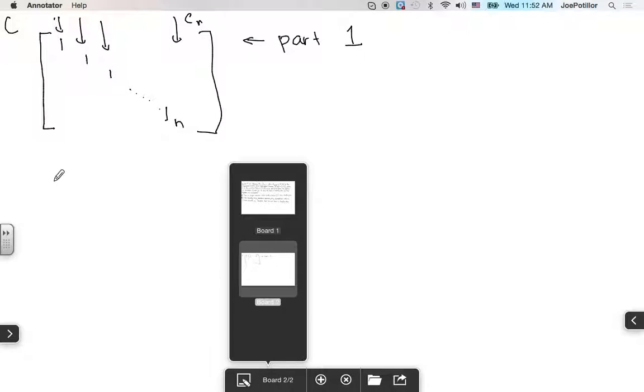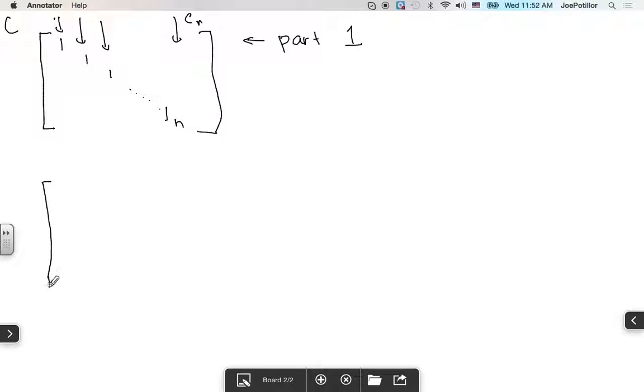In the second situation, you can have 1, 1, 1, and let's say, for example, this will stop at q. And this will be 0, 0, q. This will be q minus 1, actually.